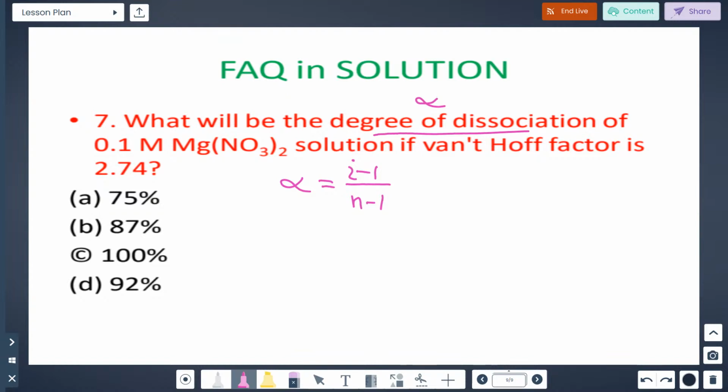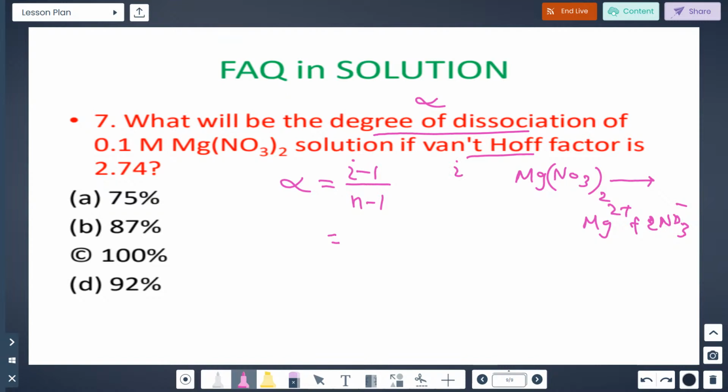Now you know that magnesium nitrate in solution, just now we found out. Magnesium nitrate, Mg(NO3)2, whenever it is dissolved in solution, it becomes Mg2+ and 2NO3-. Understood? Now we can substitute as it is. Simple one. They are asking to find only alpha. I is given. Van't Hoff factor is nothing but i.